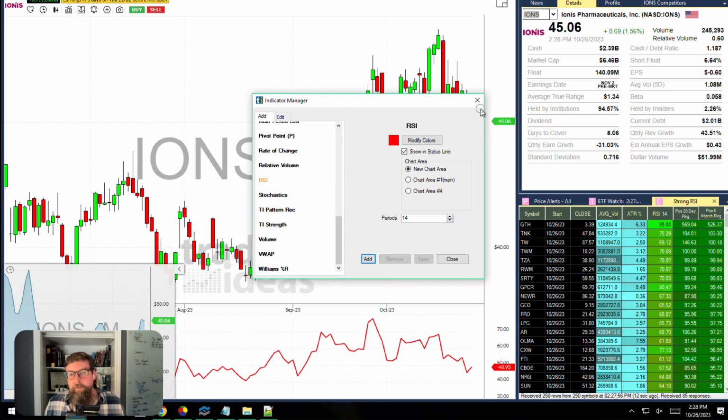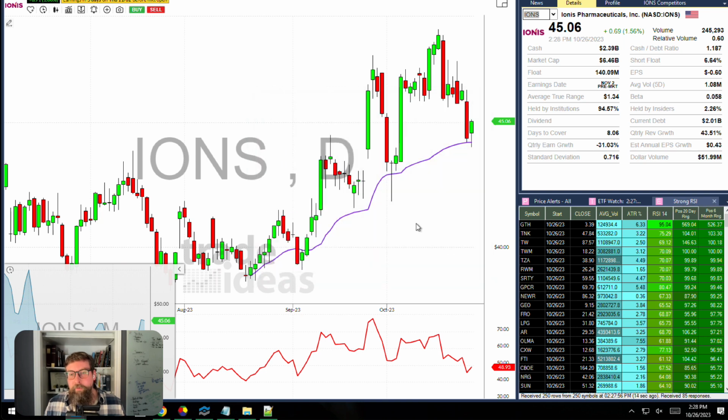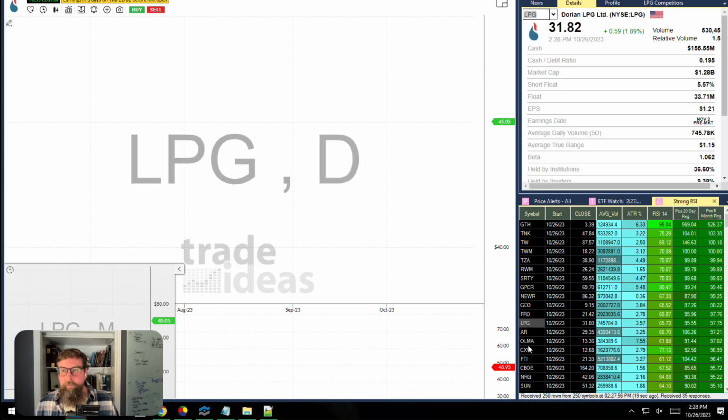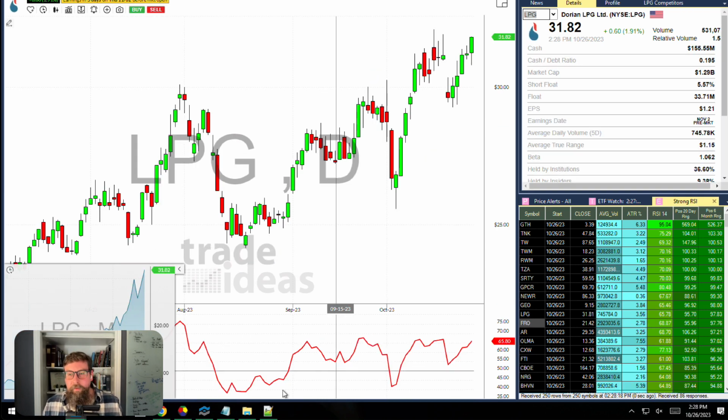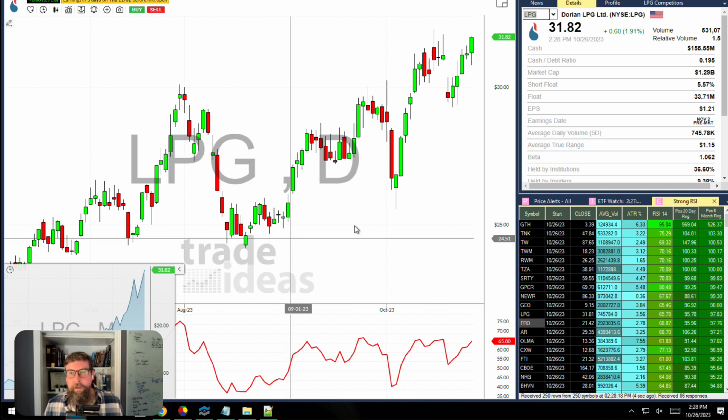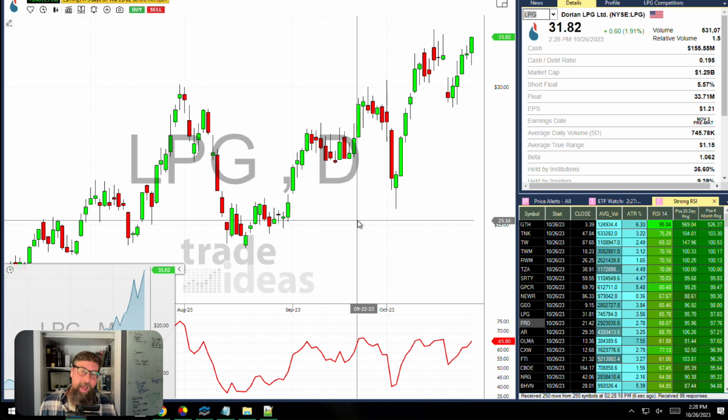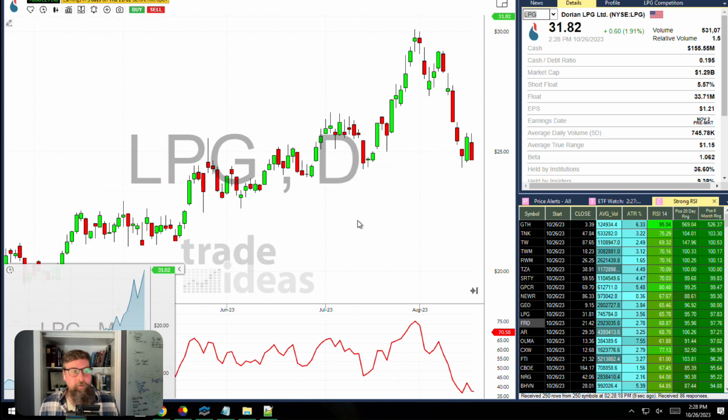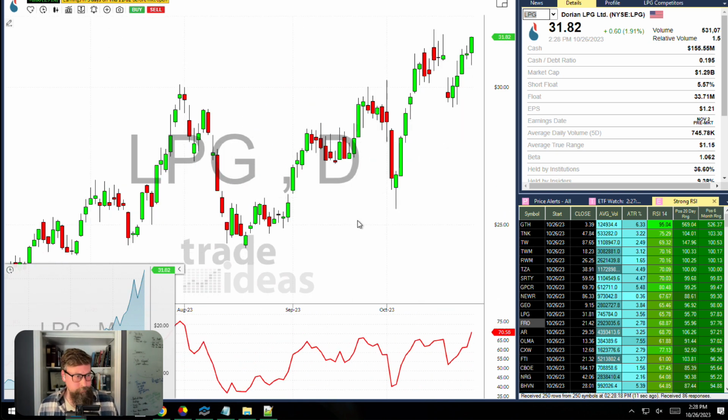What you'll notice with these stocks is the RSI has been unable to get under 30 for a long period of time. As I click through these, let's grab just one at random, LPG. You can see the RSI, even at its low here, as it pulled back, was unable to get under 30. These are just going to naturally give you nice, strong, uptrending stocks.